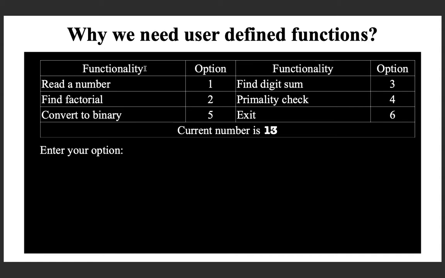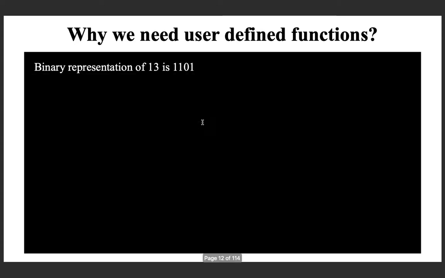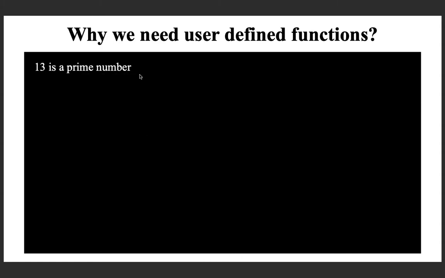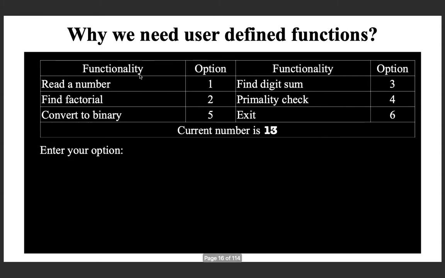Now, if you want, you can say I want to convert it into binary. Then this is the output, the binary equivalent. Then I say I want to check whether this number is prime or not. 13 is a prime number, so I am getting that output.